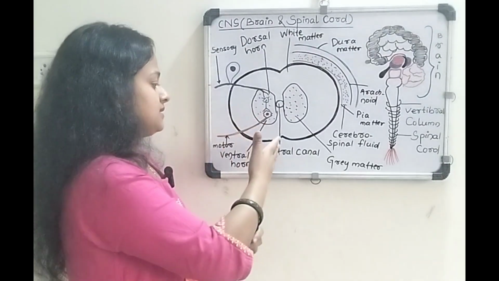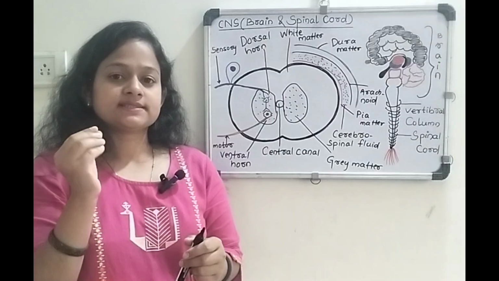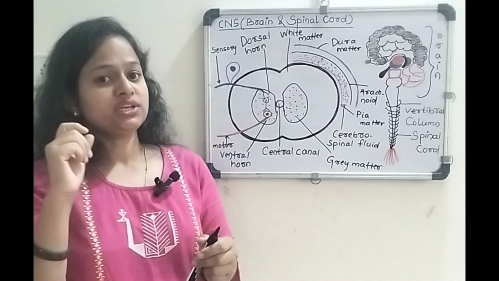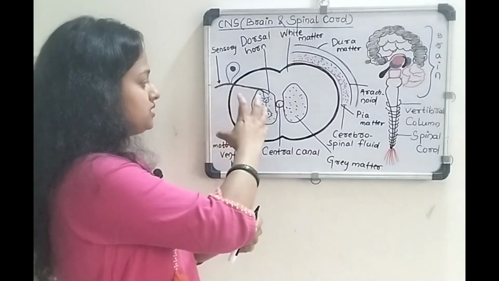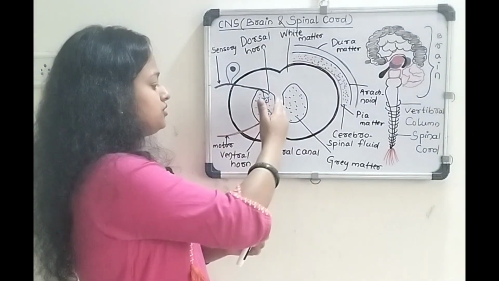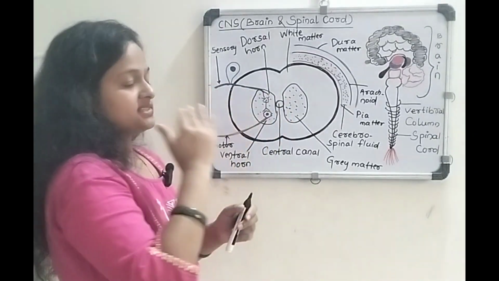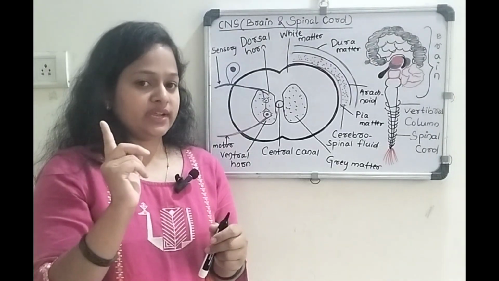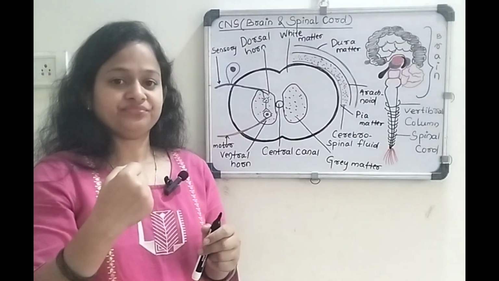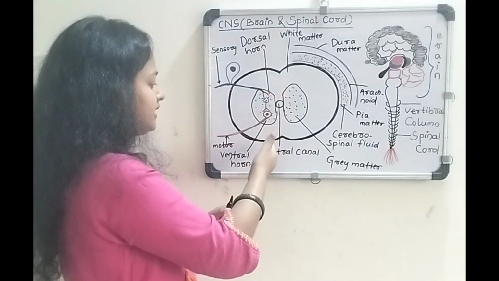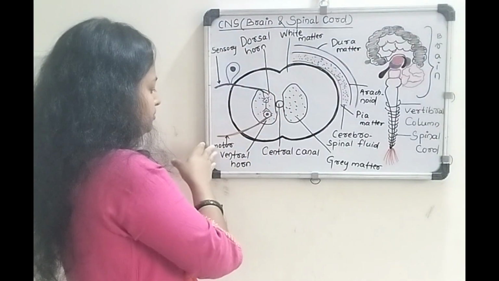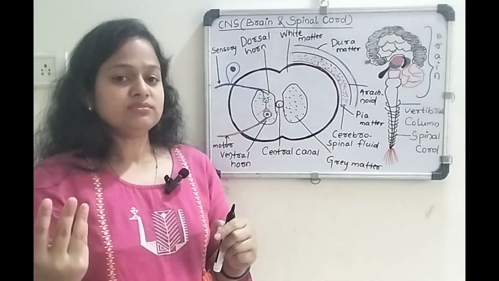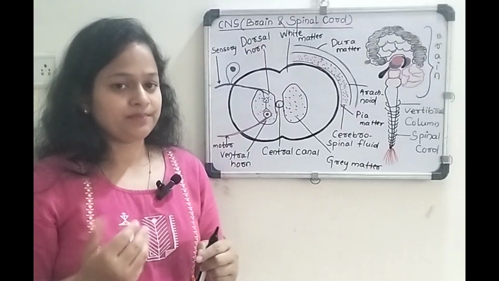The function of this central canal is this: when a sensory reflex impulse comes to the spinal cord, then through the central canal it sends the message to the brain, and the brain returns the response through the central canal to the motor nerve, and the motor nerves then perform actions through different body parts.